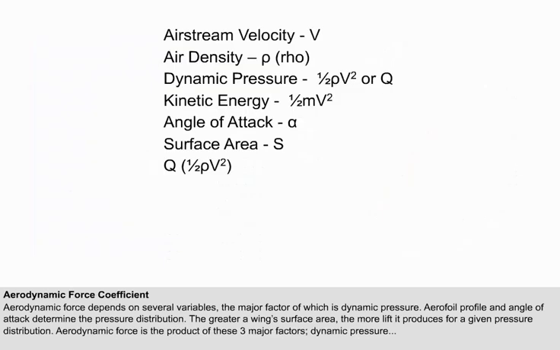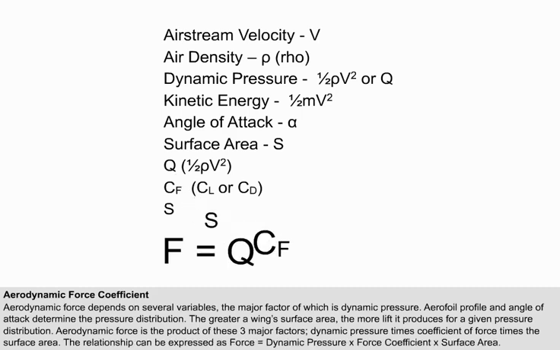Any aerodynamic force can thus be represented as a product of the three major factors, which are the dynamic pressure of the airflow, half ρv squared, or Q, the coefficient of force determined by the relative pressure distribution, that is, the coefficient of lift, Cl, or drag, Cd, and the surface area of the object.